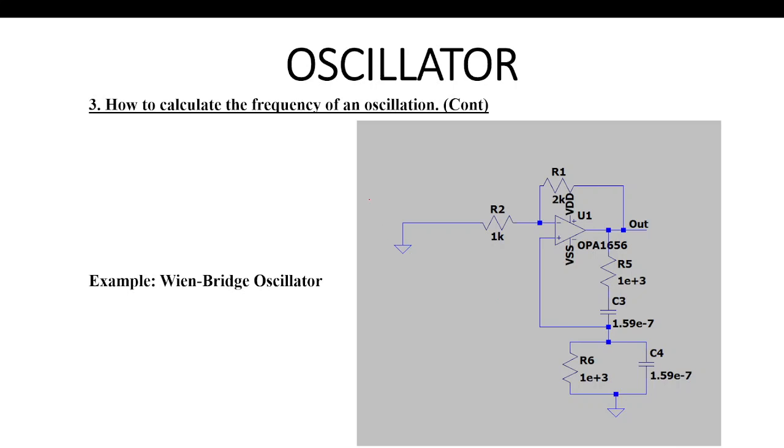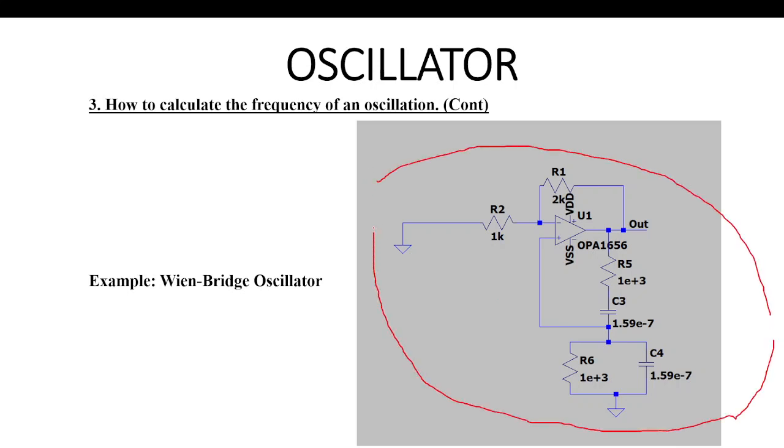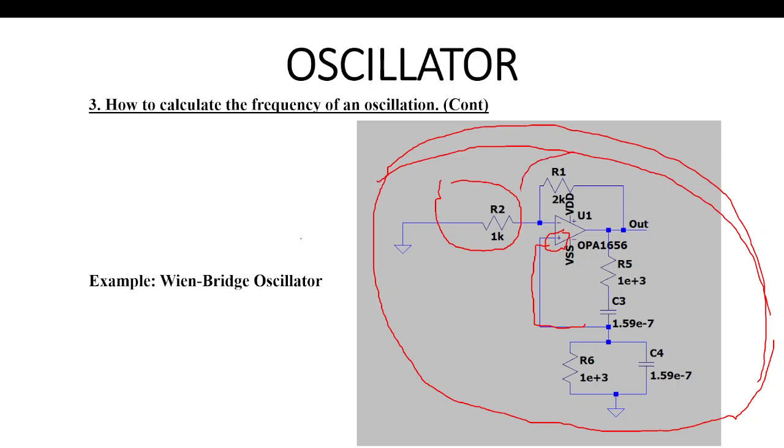As a result, this is the final circuit of the Wien-Bridge Oscillator. Here you can see that we use positive feedback, and with the non-inverting amplifier in such a configuration, we can obtain the amplification of 3.